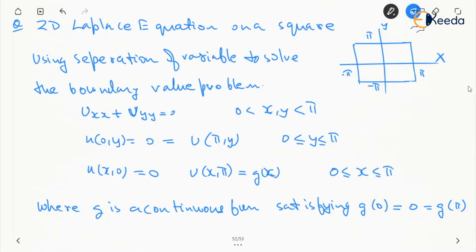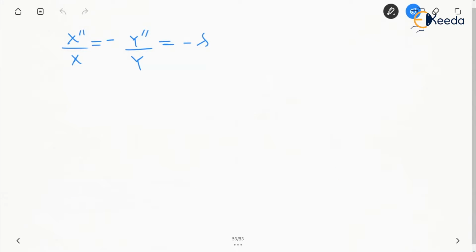So for variable separation method we can take u(x, y) equal to X of x and Y of y. So these functions will be only function of x and only function of y.